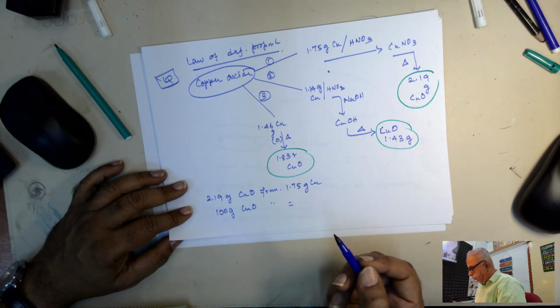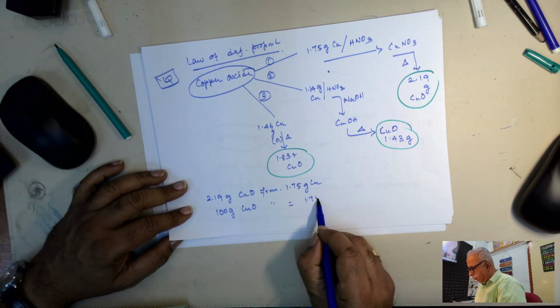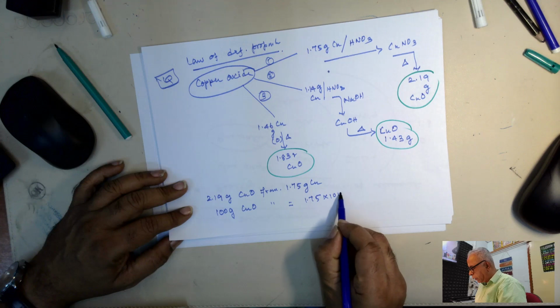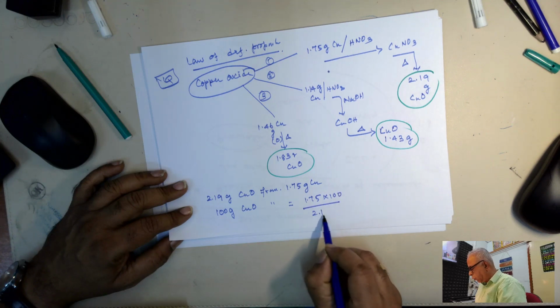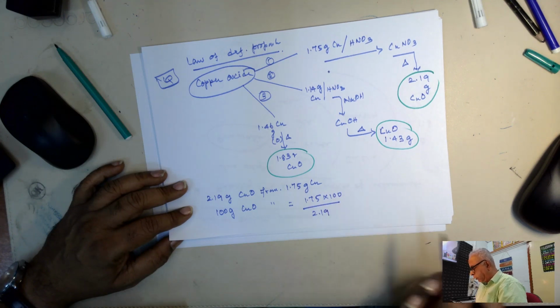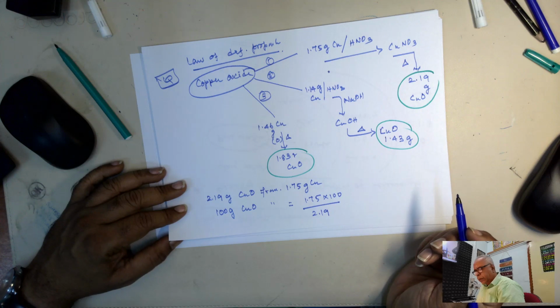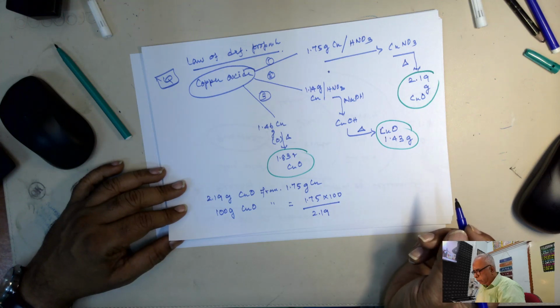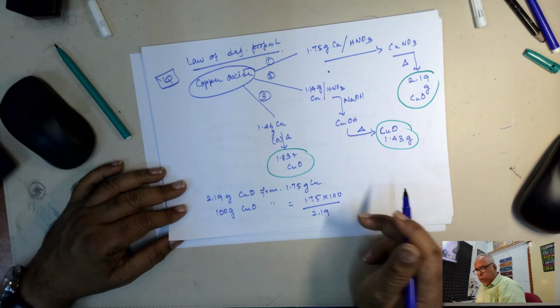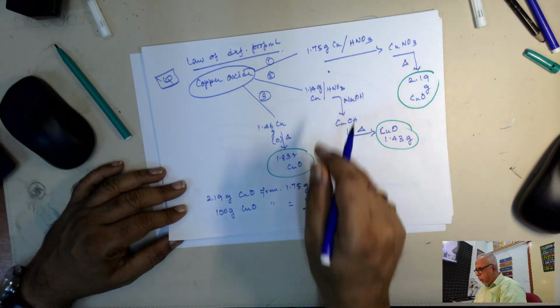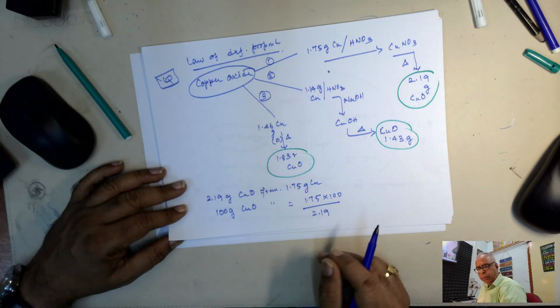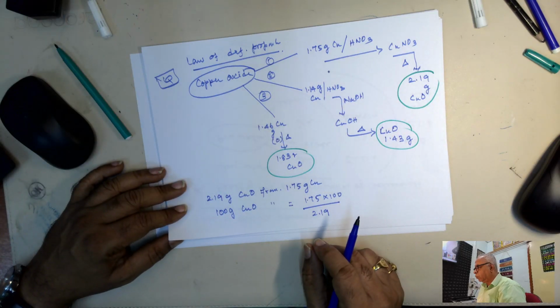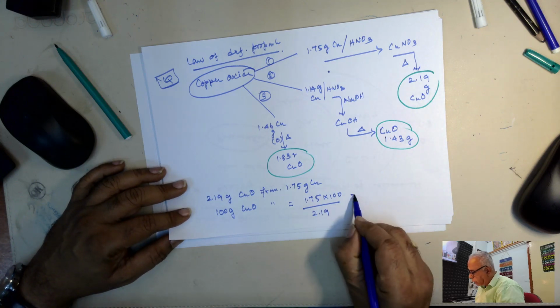That is equal to 1.75 into 100 divided by 2.19. Got it? So this is the weight of the original copper. I am taking this as a percentage of copper.